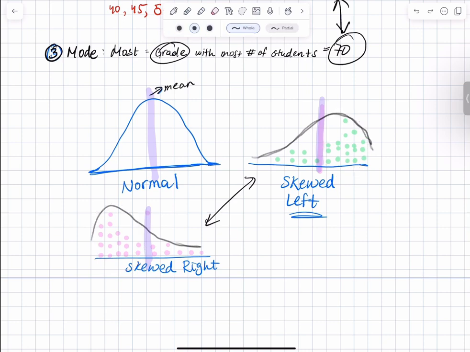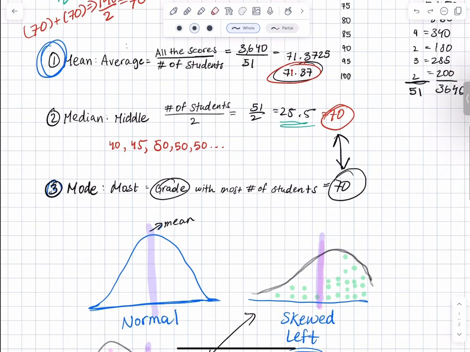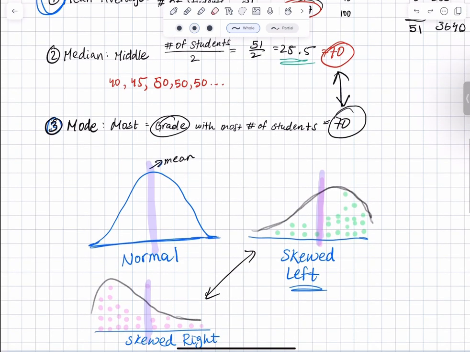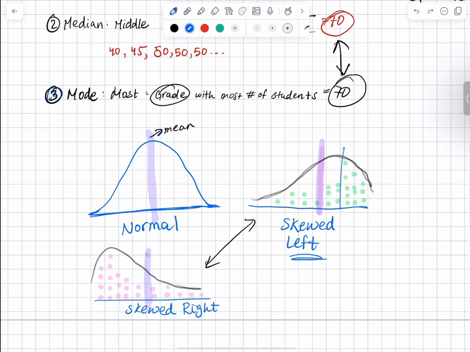So when you have instances like that, you generally want to use the median. You're trying to find the middle value. When you look at these kinds of situations, the median would generally be somewhere around here. Let me use a different color. The median will be somewhere around here, and the median for this will be somewhere around here.